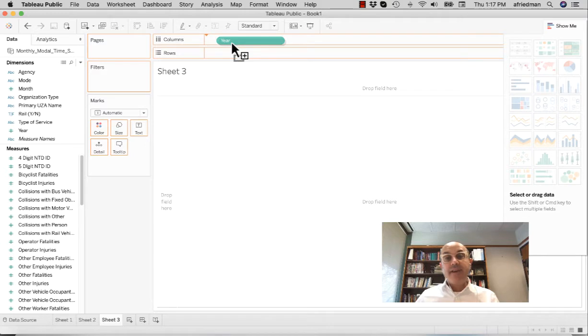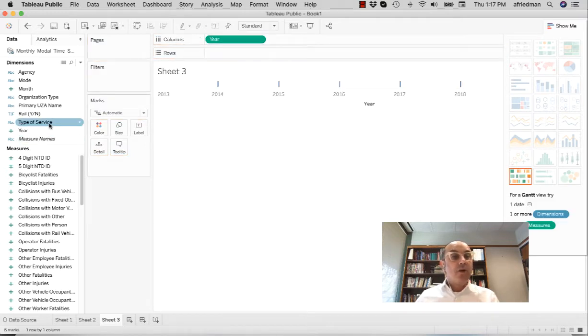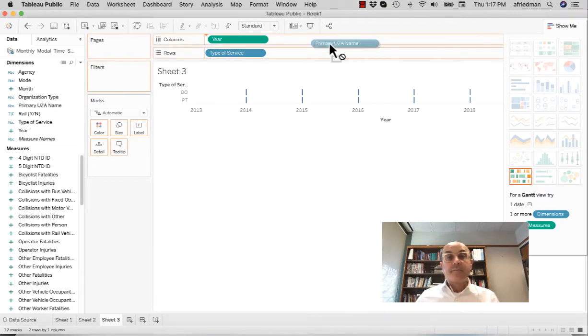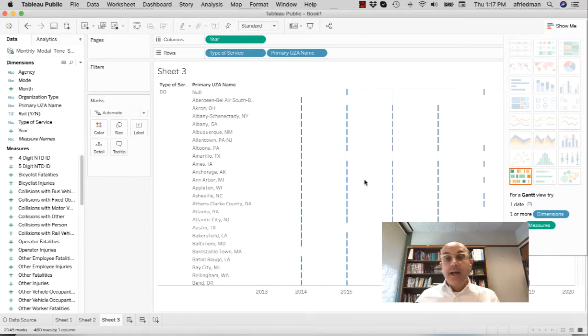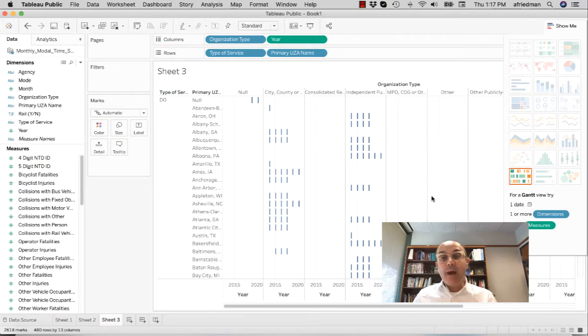So you can have the year, you can have the type of service, and it is already giving you dimensions and how to measure them. And so you can add and play with it.